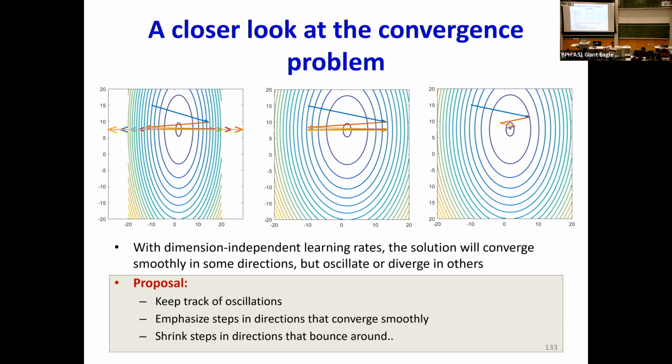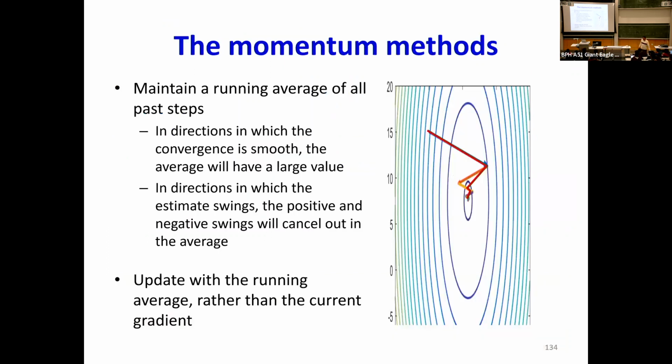So just by keeping track of this behavior, you can take a guess as to what the step size must be. Based on this simple principle, you have these so-called momentum methods. What momentum methods do is they maintain a running average of all past steps. In directions in which the convergence is smooth, you want to increase the step size.